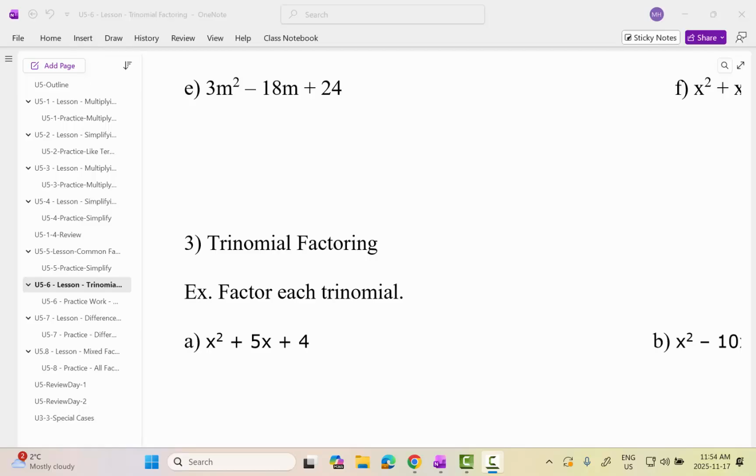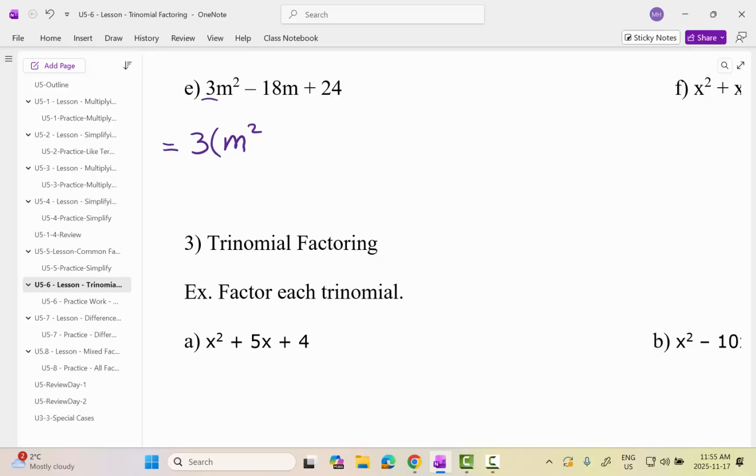Common factor, right? So what we're going to try to do first here is common factor. Does everything divide by 3? Yes, so that's nice. So let's common factor. We're going to get 3 bracket. If we take out a 3 from here, we have m squared left.